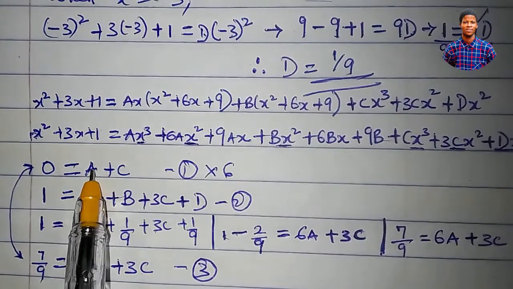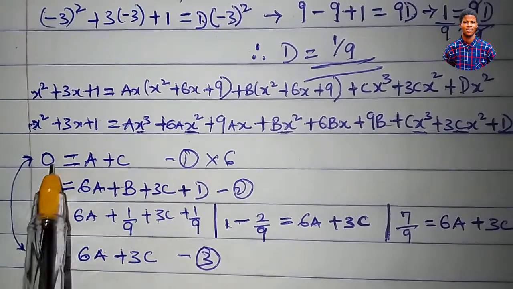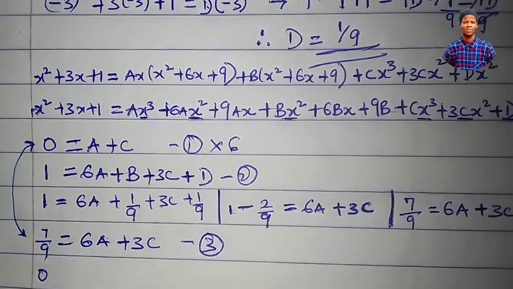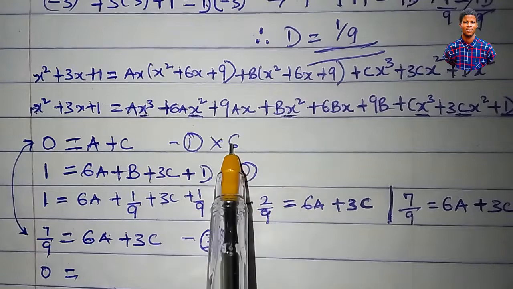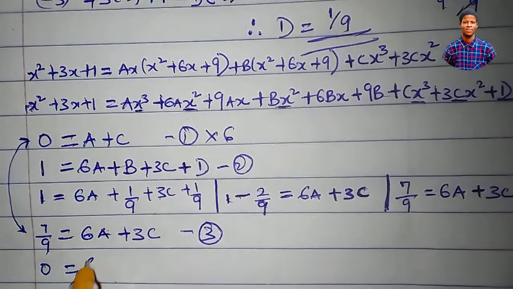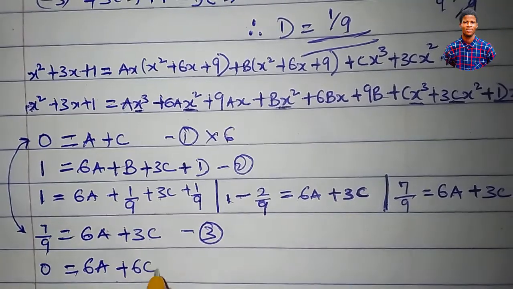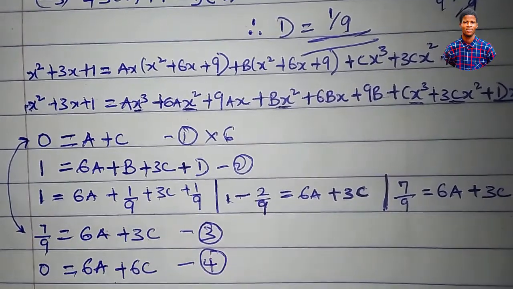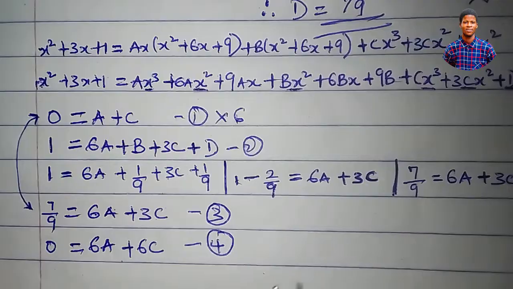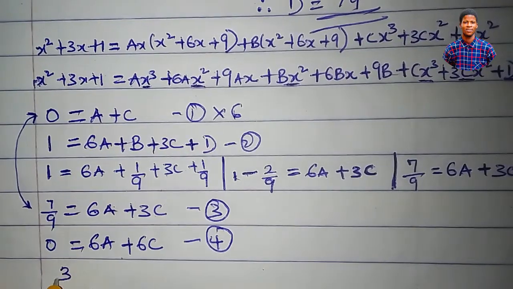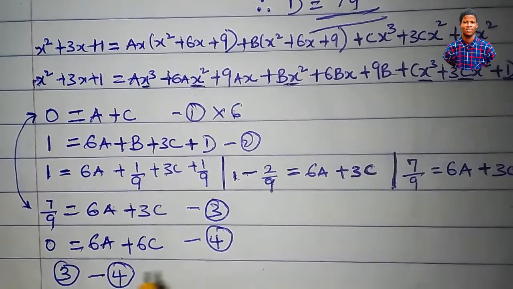So multiply this one by 6. And so we have 6 times 0, 0. 6 times a, 6a. 6 times c, 6c. Let's say equation 4. So it's easy now if we just say equation 3 minus equation 4.